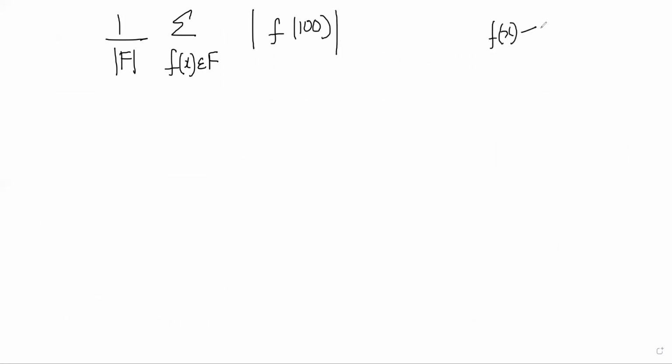You have to calculate 1 by mod of F, summation of, whenever f of x belongs to capital F, mod of f of 100. And the possible values of f of x are 10 minus x and minus x minus 10. So f of 100 is coming out to be 10 minus 100, which is minus 90, and minus 100 minus 10, which is minus 110.